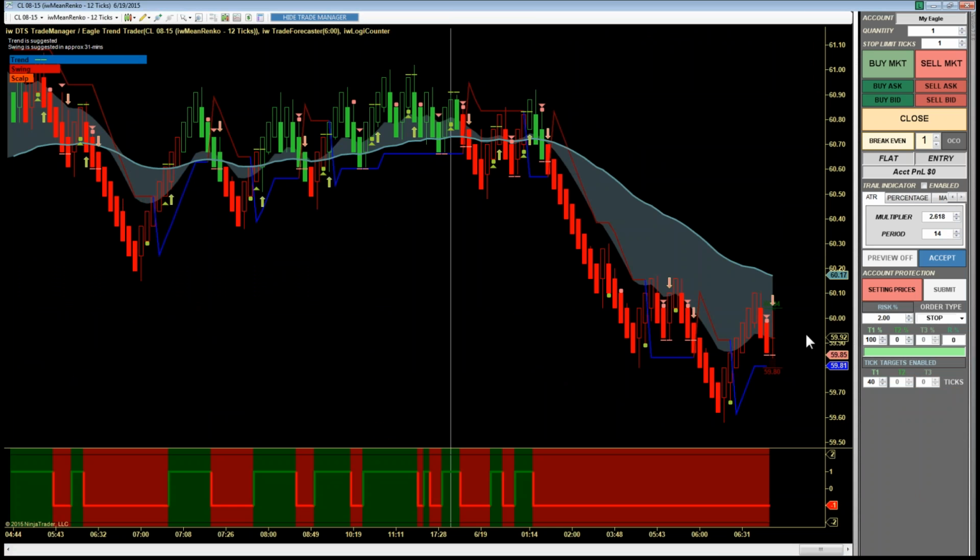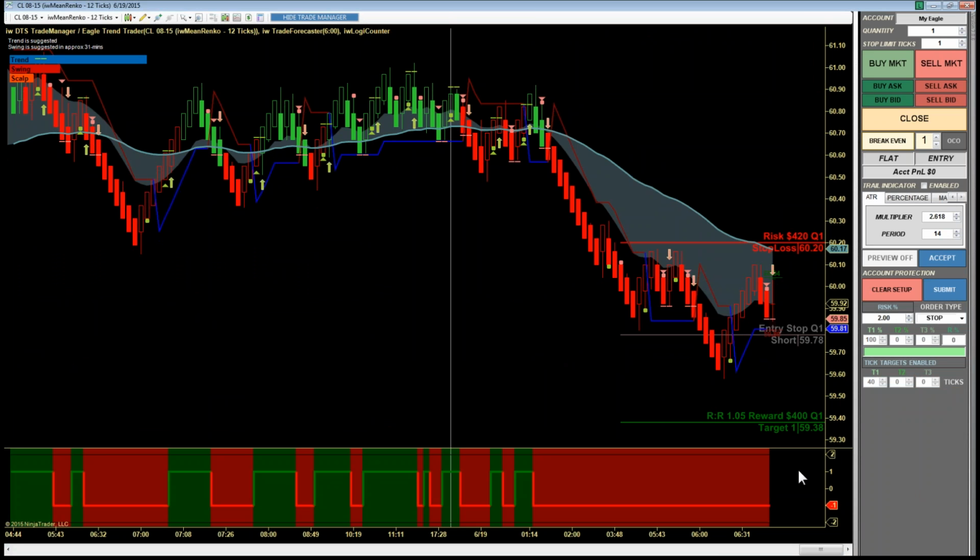I can see that it's just below the ATR, so you could set up your trade in advance and just park it there, wait for the market. It's obviously being a little bit more aggressive.